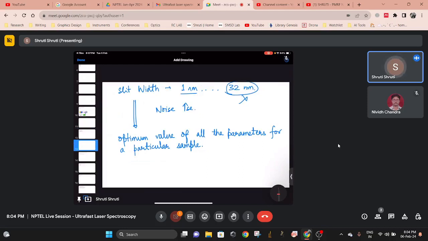And regarding this slit width, suppose you are taking a spectra at 32 nanometer. Your actual spectra might have peaks like this, but when you are considering the slit width of 32 nanometer, maybe all the peaks will get merged and it may generate something like this, because there is not enough separation of the wavelength to make the peaks visible.